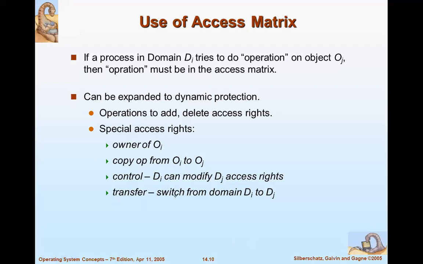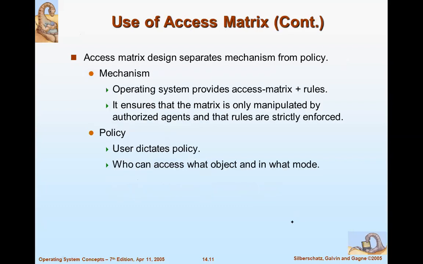Similarly, transfer: switch from domain Di to Dj. As I told you in the last slide, you should switch from domain 1 to domain 2 for printing purposes, or from domain 3 to domain 2, or domain 4 to domain 2, because printing is not available anywhere except domain 2.